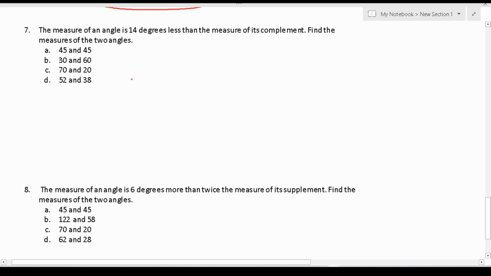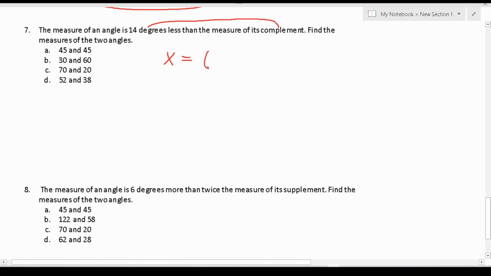So this one has a much different setup than all the previous problems. It says the measure of an angle, which I'm going to call x, is 14 degrees less than the measure of its complement. I have to find a way to represent that algebraically. Well, we know complementary angles add up to 90.